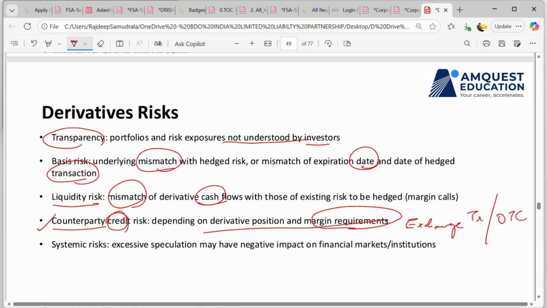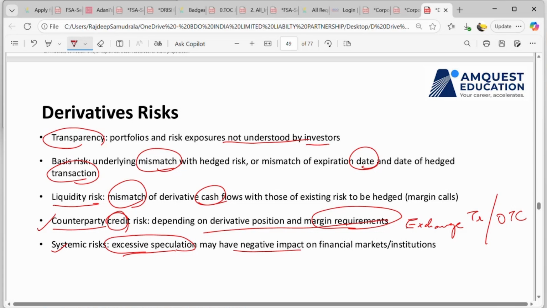Clear? And lastly, systemic risk. Systemic risk is excessive speculation. Systemic means within the system, whatever risk is there, that is going to have a huge impact. It could be in excess. And here there could be excess speculation or excess usage not in the right manner.